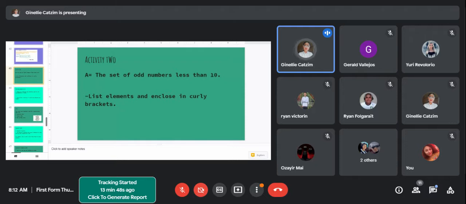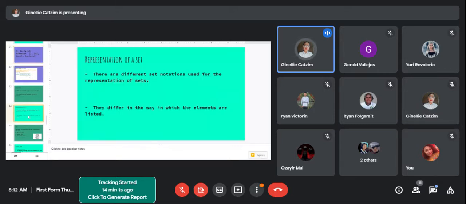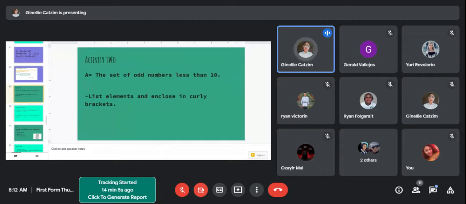But what we want now is to enclose that list in curly brackets, right? Just as I had here in a curly bracket, enclose that with your commas and everything. So we will have set A now equals curly bracket 1, 3, 5, 7, and 9.